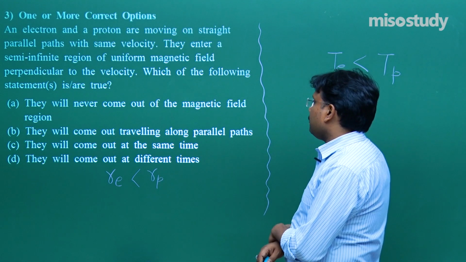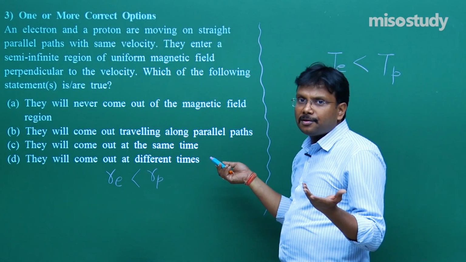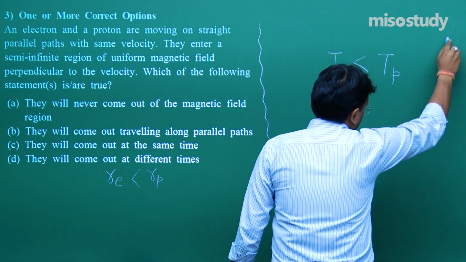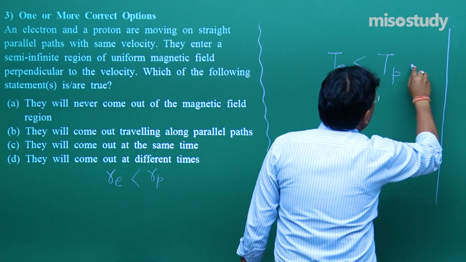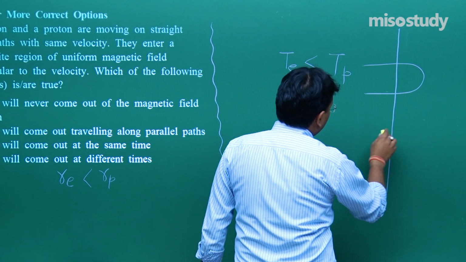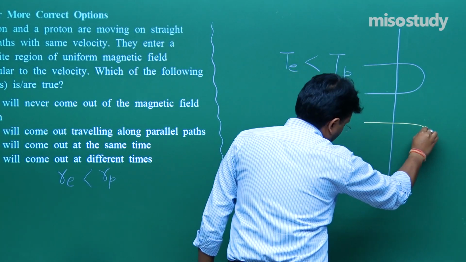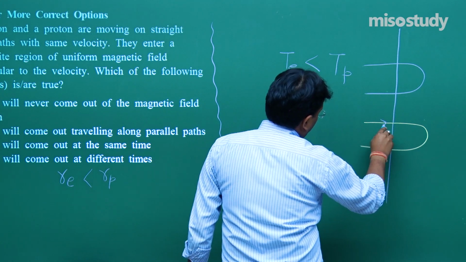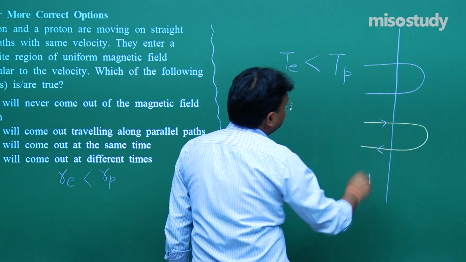They will come out travelling along parallel paths, yes. Why? Let me show you quickly. Fine.